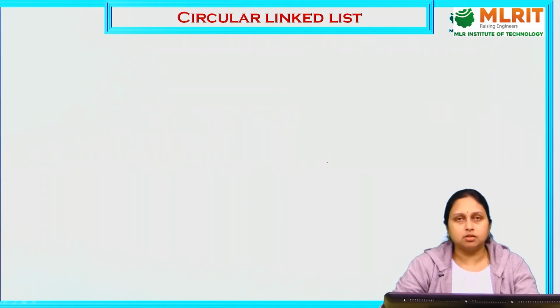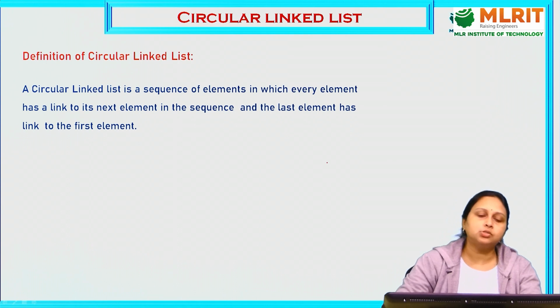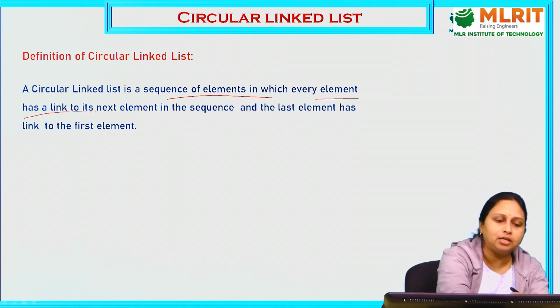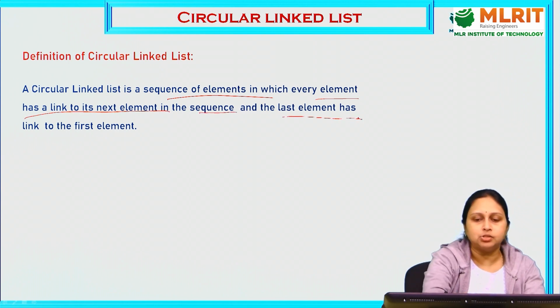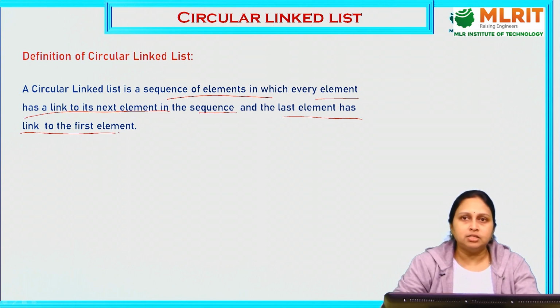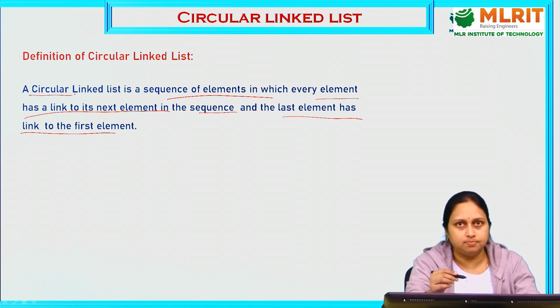First, what is a circular linked list? See the definition. A circular linked list is a sequence of elements in which every element has a link to the next element in the sequence, and the last element has a link to the first element. By the name itself, we can see that we are going to have a circle.